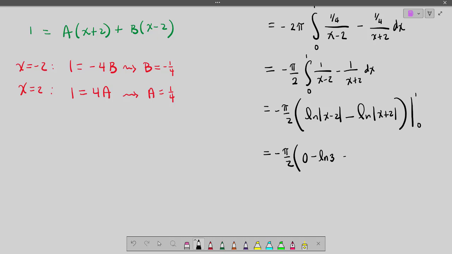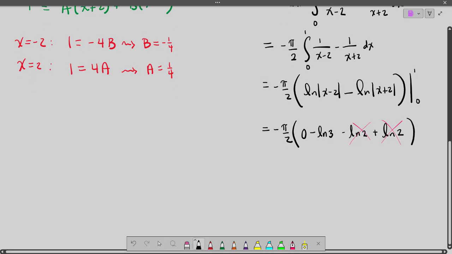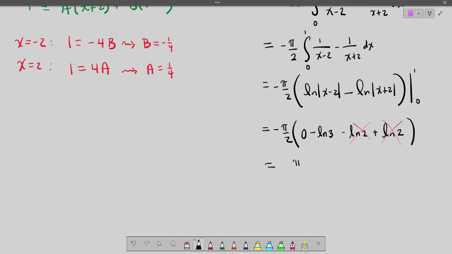Plug in 0 here. We get natural log of 2. Distribute the minus to make that plus natural log of 2. Oh yeah, so 0 is giving us 0 after all. Didn't notice that ahead of time. So those cancel. So we will end up, final volume will be pi natural log of 3 divided by 2.